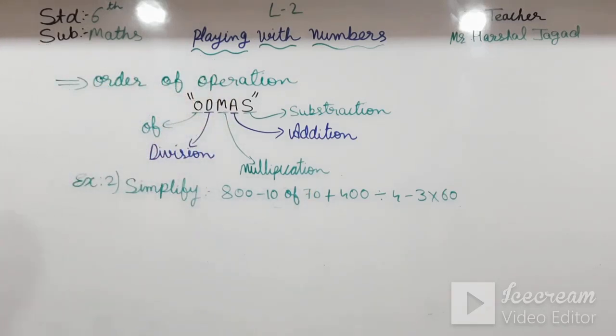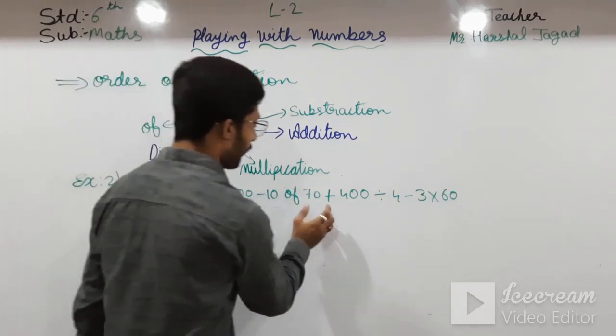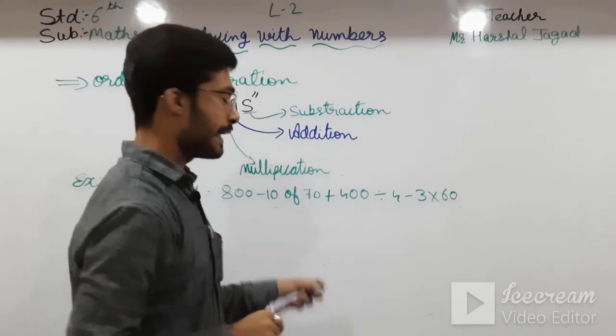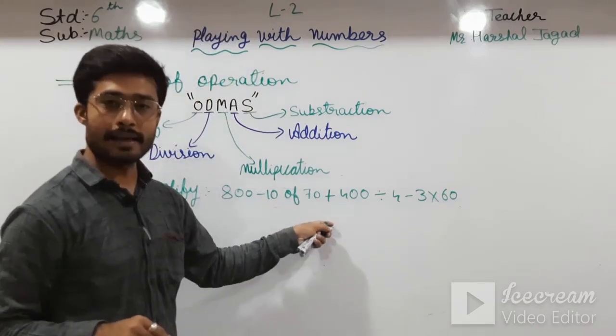First of all, think by yourself. Here 10 of 70 means 10 into 70.